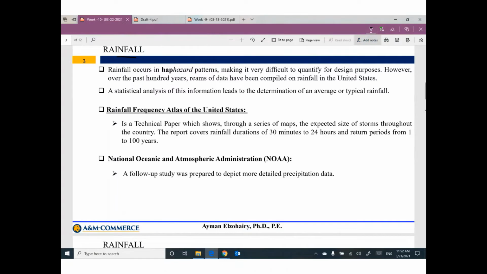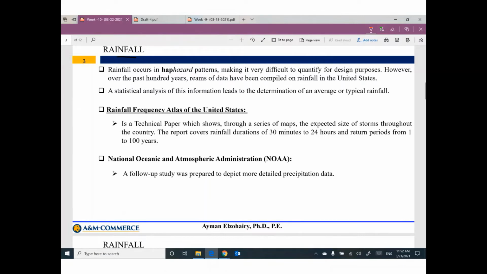That makes sense? So keep in your mind, what we are trying to design is just an assessment. We just need to expect, because rainfall occurs in haphazard pattern, making it very difficult to quantify for design purpose.